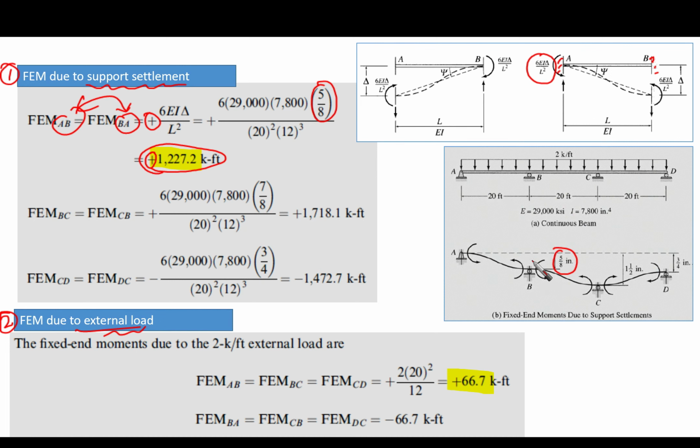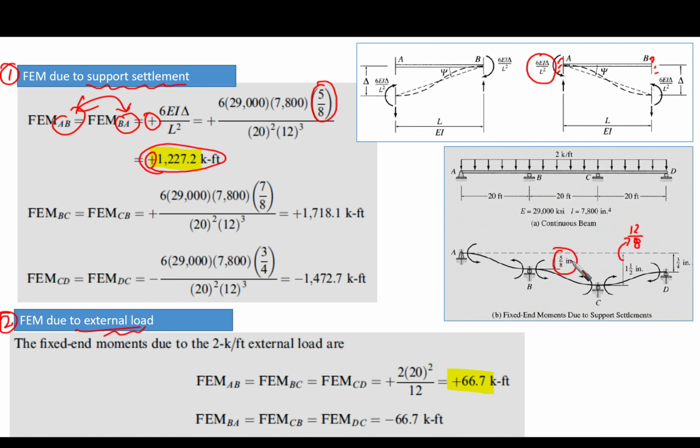For the BC, we have settlement of support at B and settlement of support at C, right? So we are going to say, what is the differential settlement between the two? Differential settlement means that here we have 1/8 inch, as if it is 12/8, and we have here 5/8.